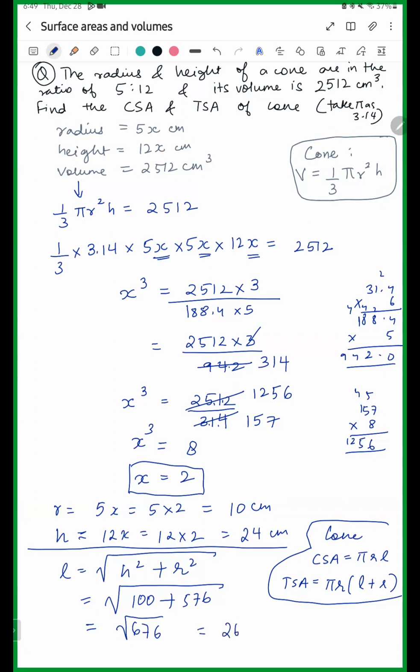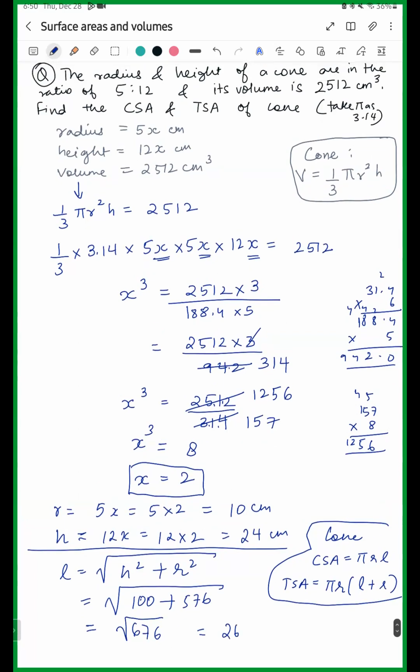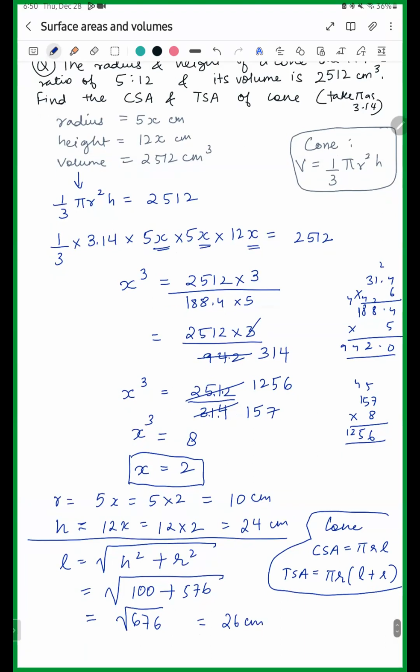Sorry, that is the square root of 676, which is 26. So, yeah, this is why you must memorize squares and square roots up till 30. Remember, squares and square roots up till 30 and cubes and cube roots up till 10. You must memorize it. So this is in centimeters. Now we found out L.